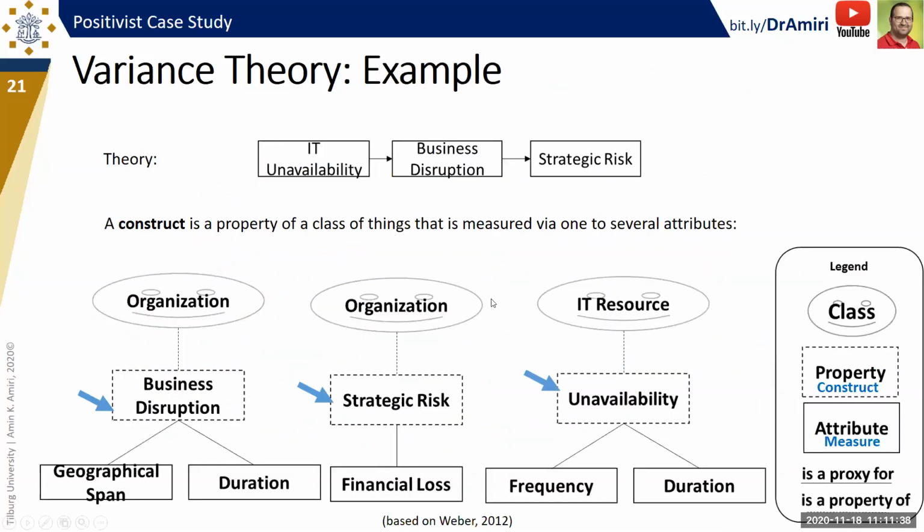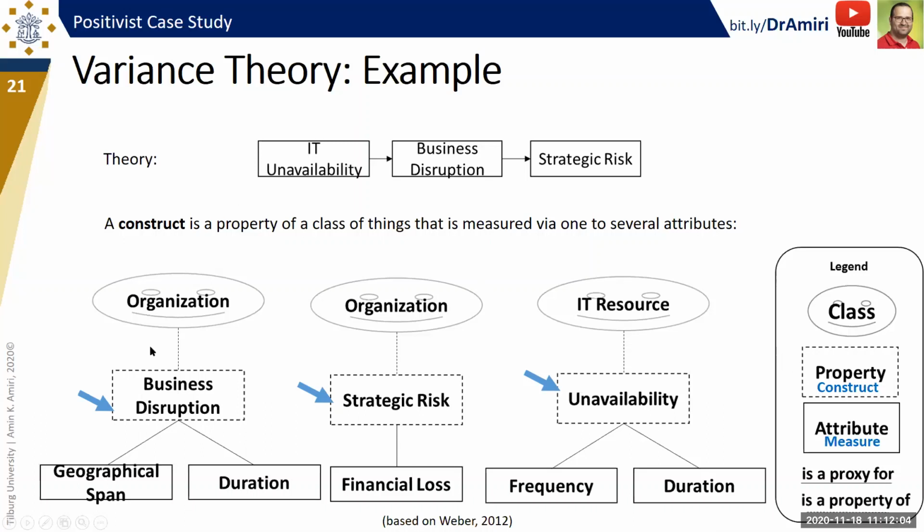So now, let me give you an example. Assume that we have a theory about IT unavailability, and we believe that increasing IT unavailability will increase business disruption, and increasing business disruption will increase strategic risk in the organization. So these are constructs. A construct is either an attribute or a property of a thing in this world.